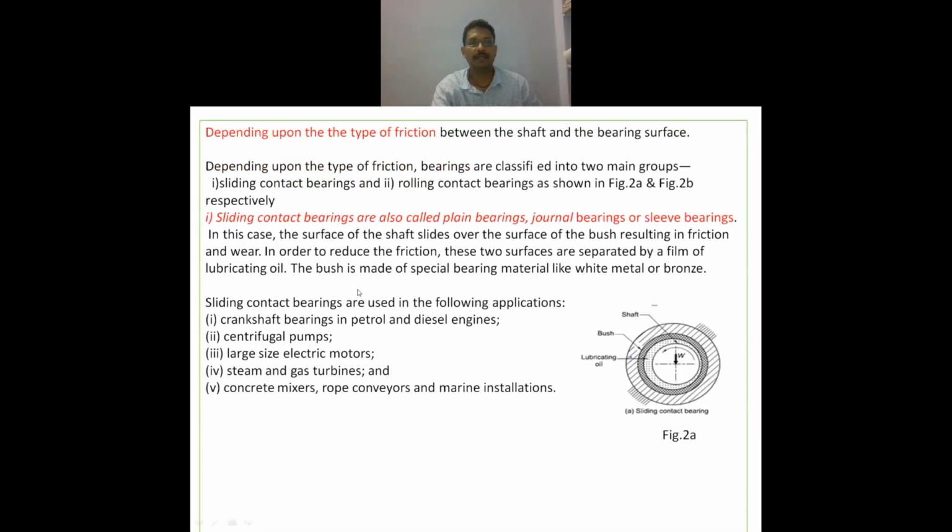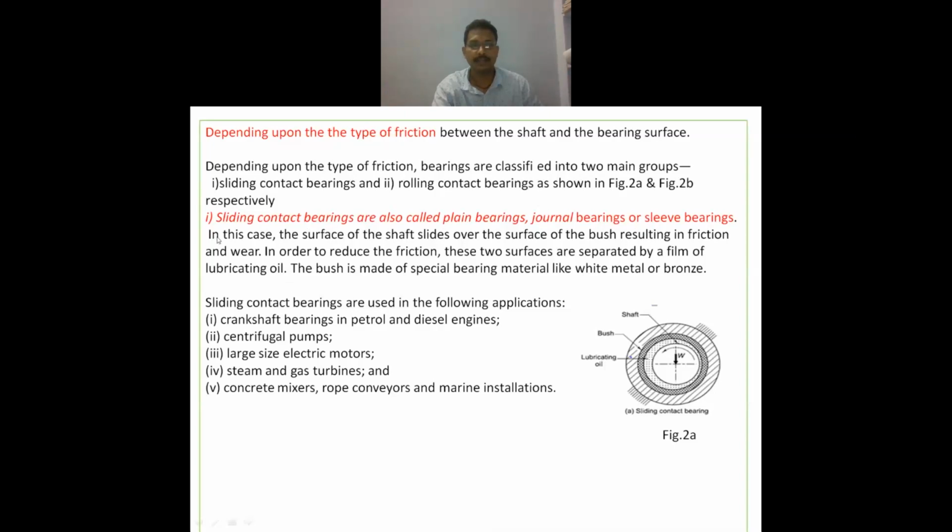And coming to the other type, depending upon the type of friction between the shaft and the bearing surfaces, they are classified again into two main groups. One is sliding contact bearing, second one is rolling contact bearing. Now coming to sliding contact bearings, the sliding contact bearings are also called plain bearings or journal bearings or sleeve bearings.